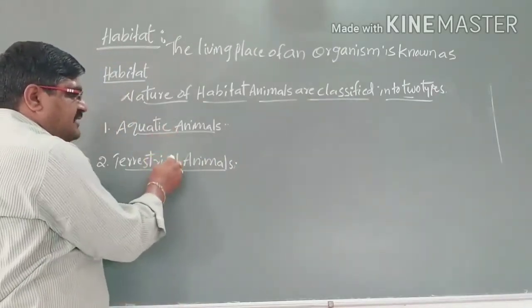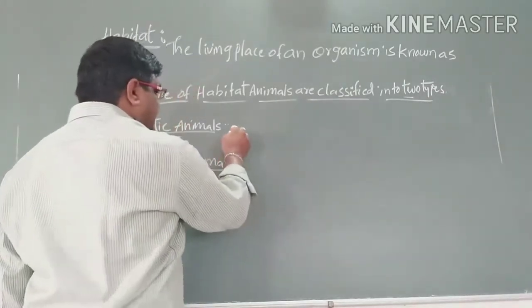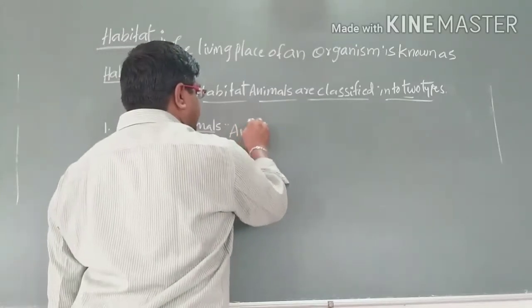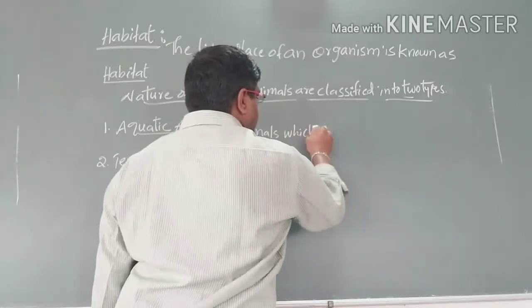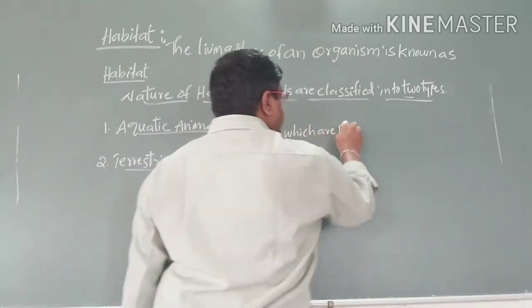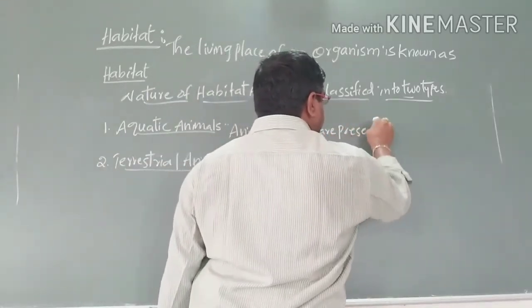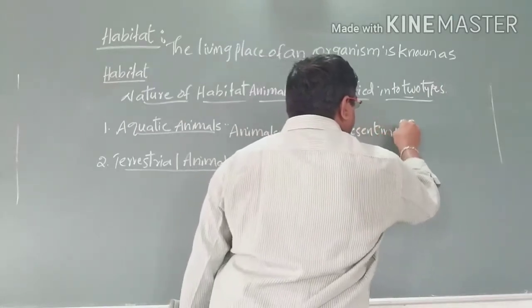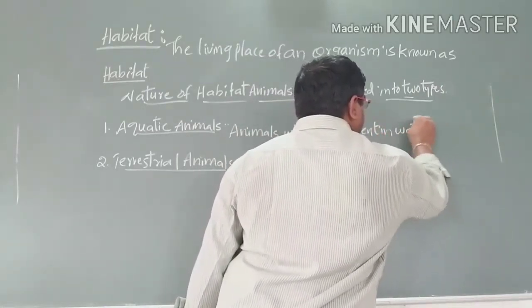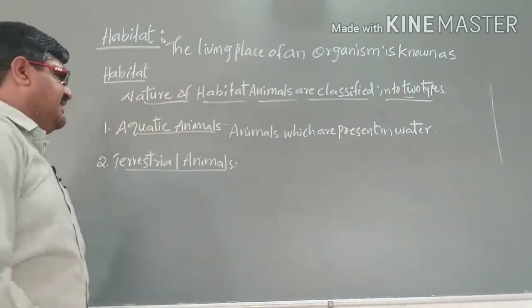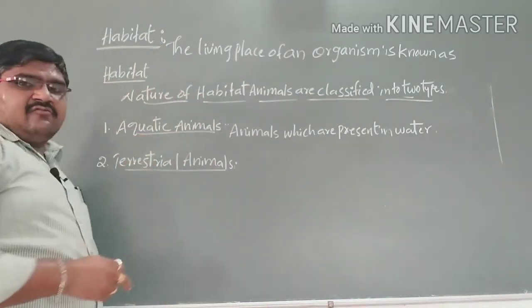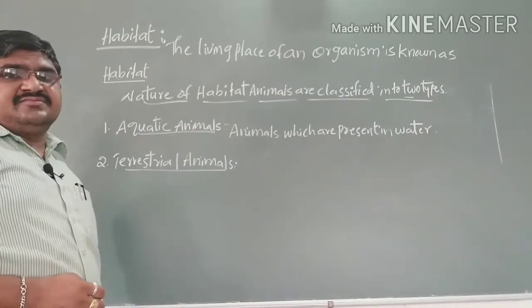Aquatic animals means the animals which are present in water. Such types of organisms are called aquatic organisms.